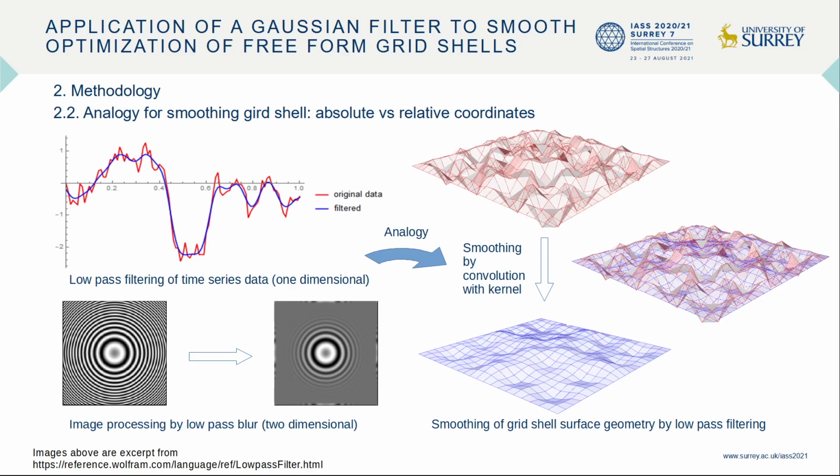Let us suppose that the grid shell structure mainly consists of quadratic grid and is almost uniform and almost regular, so that we can see the grid shell as two-dimensional data that have a value of z coordinate. It is like discrete data of a surface wave. With this analogy, it is easy to understand how we can filter off high-frequency components of the geometry.